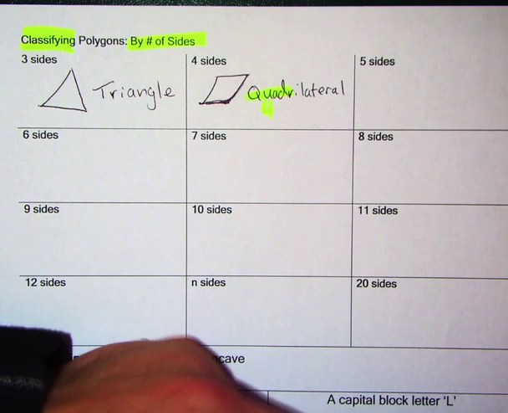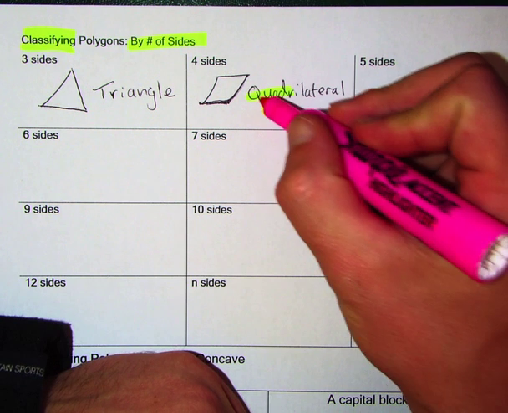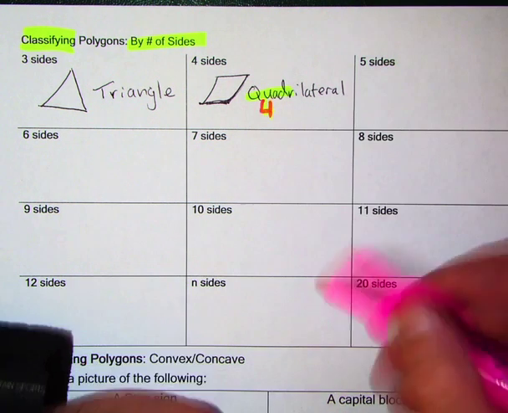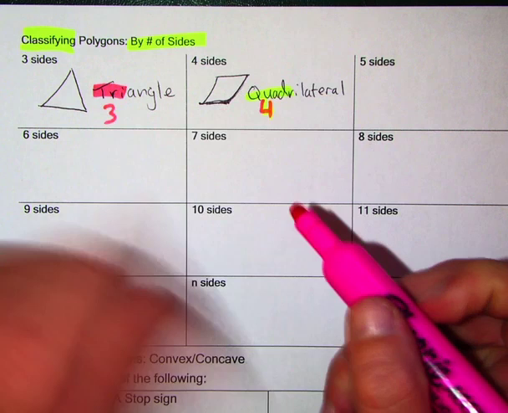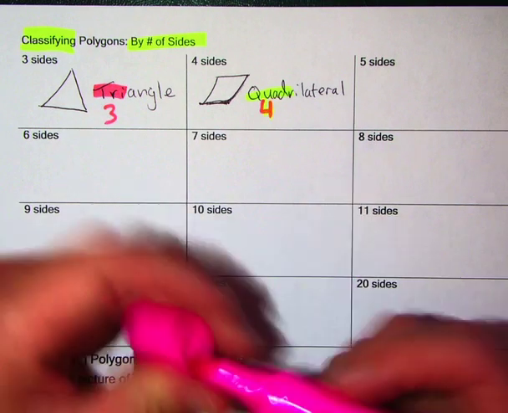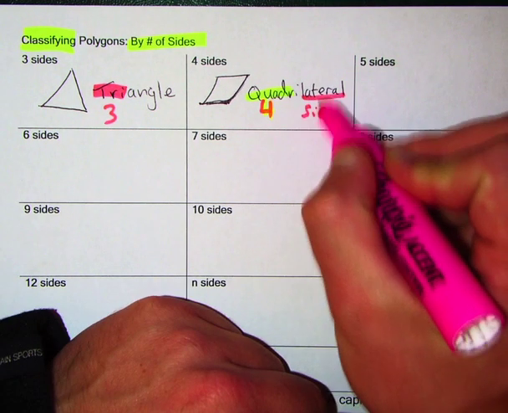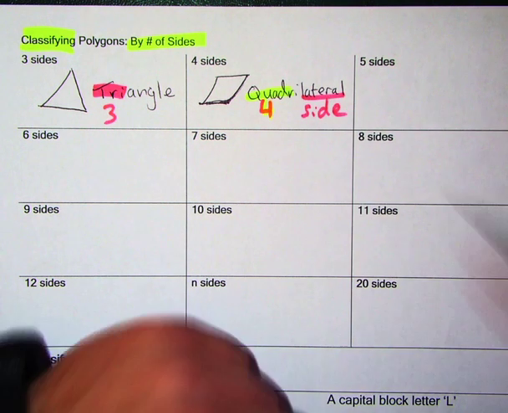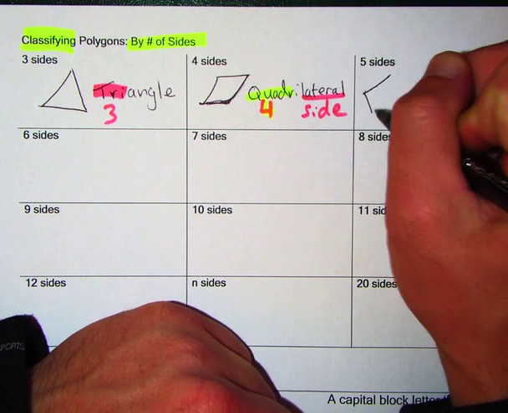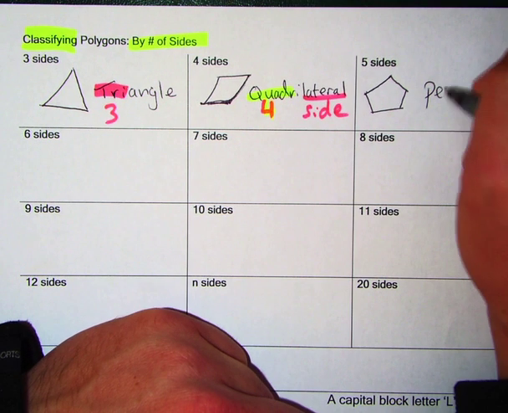Quad means 4. Tri means, that's right, 3. 3 angles, 4, and lateral, actually, this right here means side. So 4 sides. 5 sides is a pentagon.